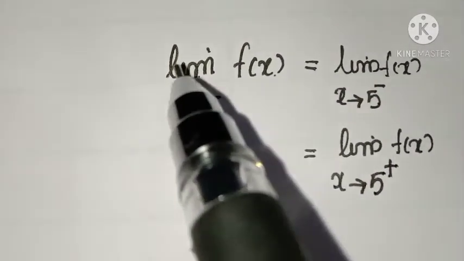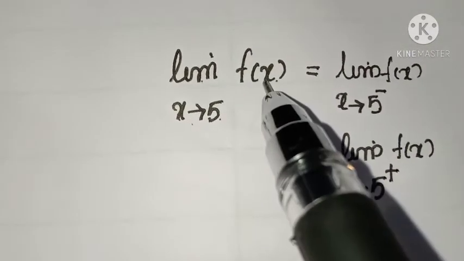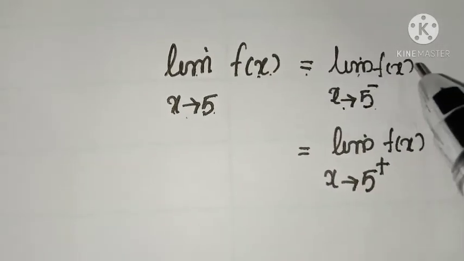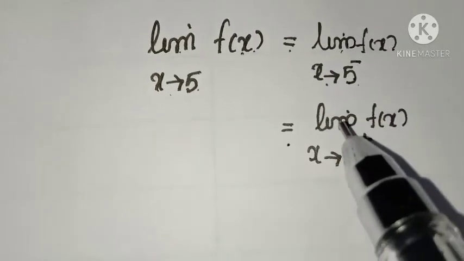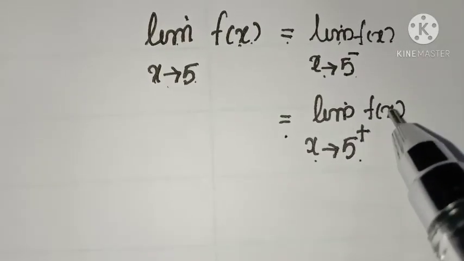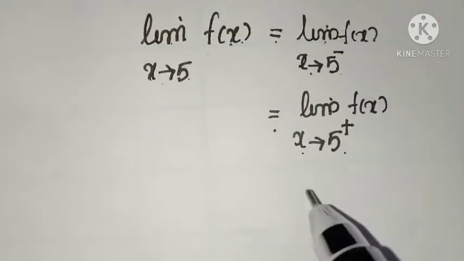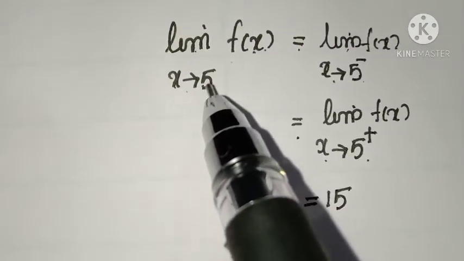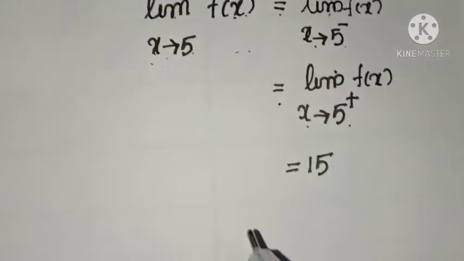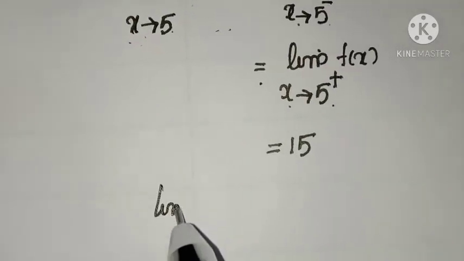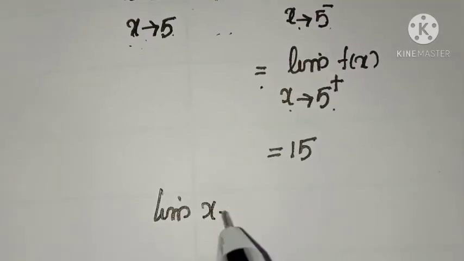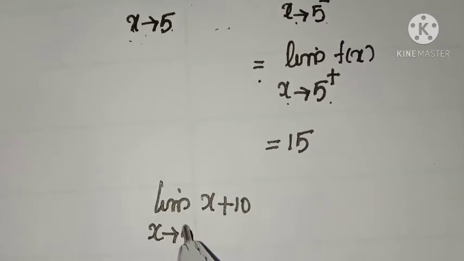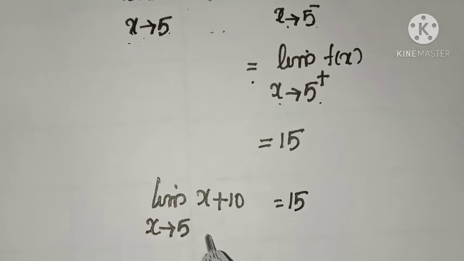Read it as limit x tends to 5 f of x equal to limit x tends to 5 minus f of x equal to limit x tends to 5 plus f of x. All these three values are equal to 15. Then we can say that the limit of the given function f of x, that is the function x plus 10, at x equal to 5 is equal to 15.